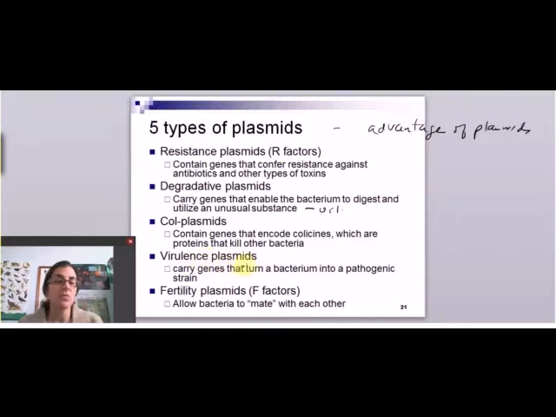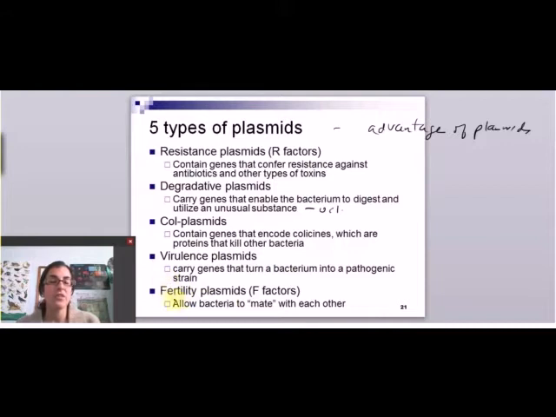Virulence plasmids are plasmids that carry genes that cause a bacteria to become pathogenic. So some bacteria, they are not going to hurt us, right? Many of them don't hurt us. The way that some bacteria hurt us is through their plasmids. There's genes there that perhaps cause diarrhea, for example. And without that plasmid, the bacteria wouldn't cause diarrhea.